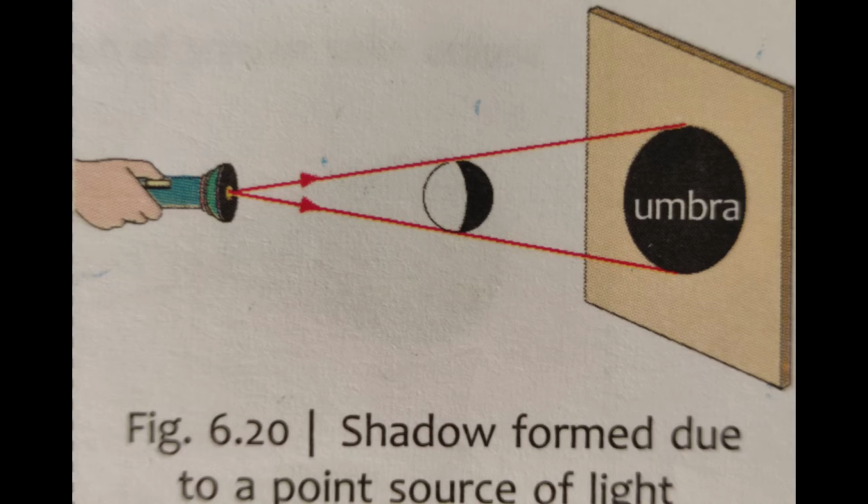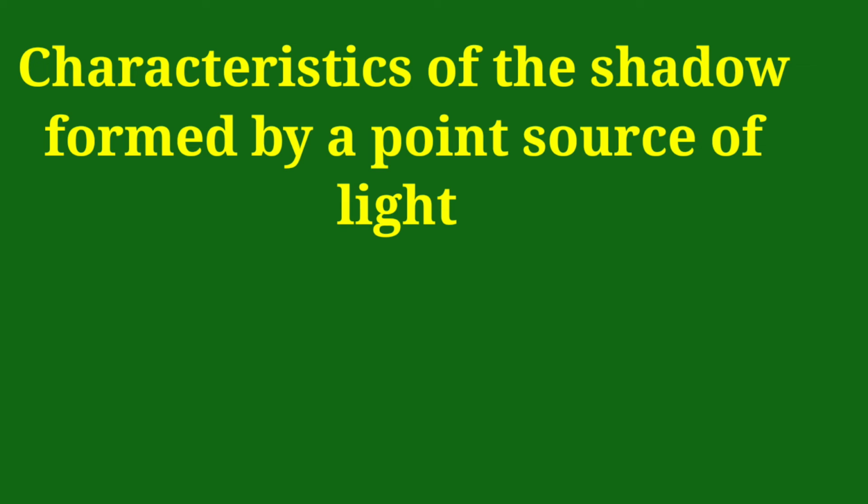Characteristics of a shadow formed by a point source of light: uniformly dark, sharp at the edge, and bigger than the size of the object. So these are the characteristics, and you can see them only when the shadow is formed by a point source of light. You have to keep that in mind.